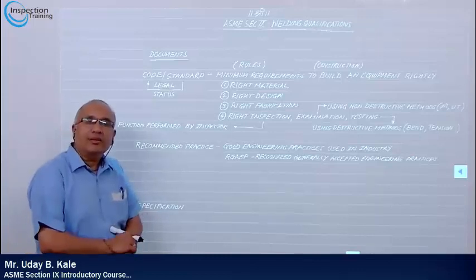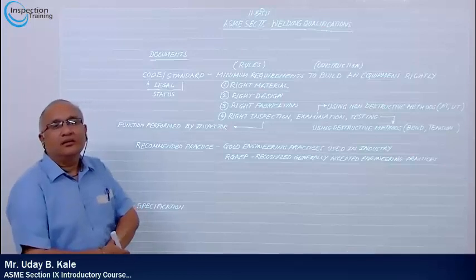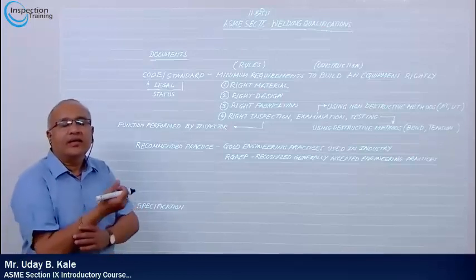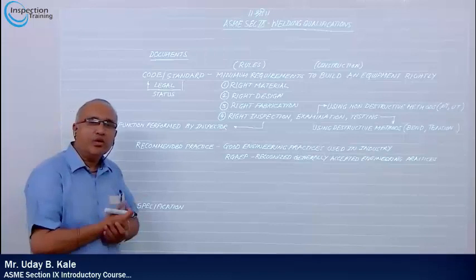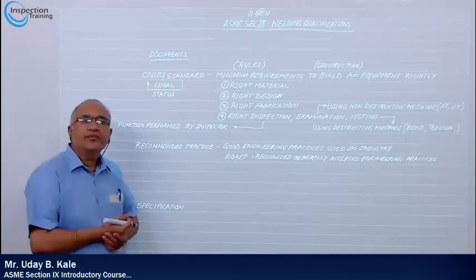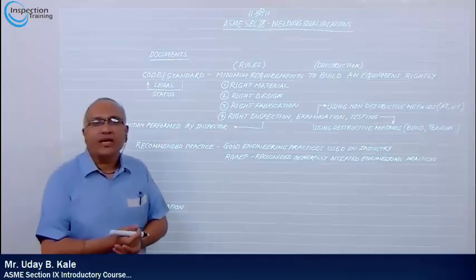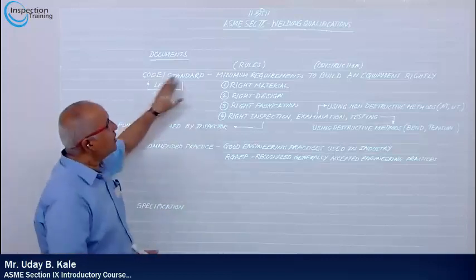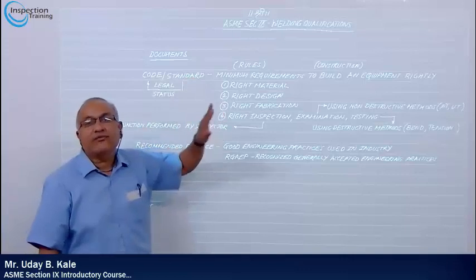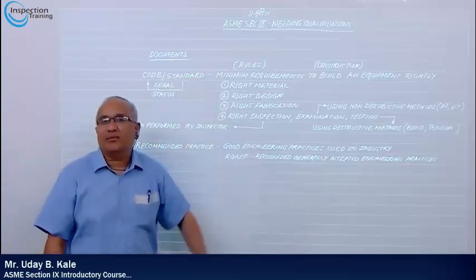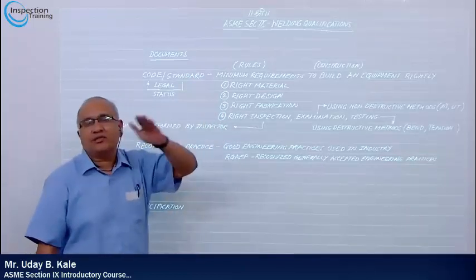So for example, if I tell you two such documents, one is API 510. API 510 is a code or standard, but not for construction; it is meant for maintaining the equipment in service. So it is an in-service code or standard.